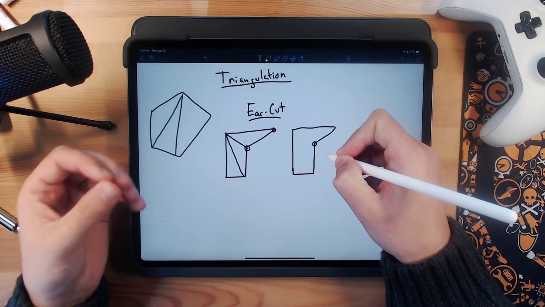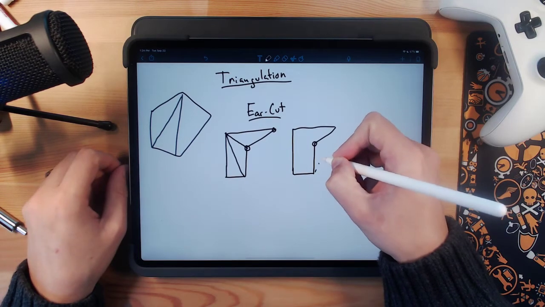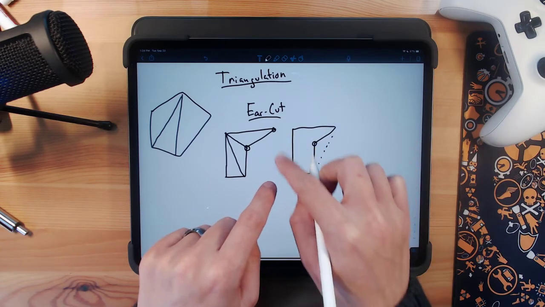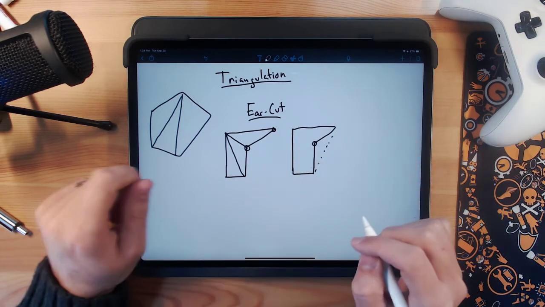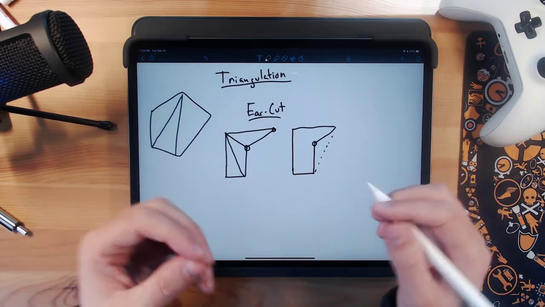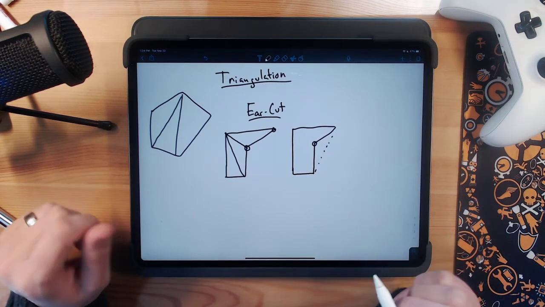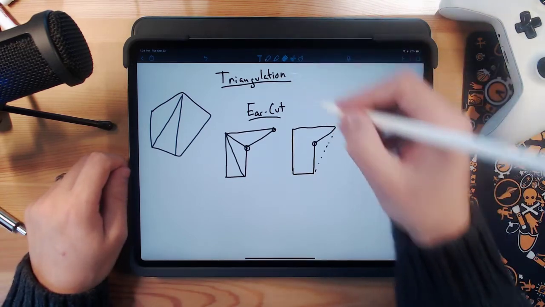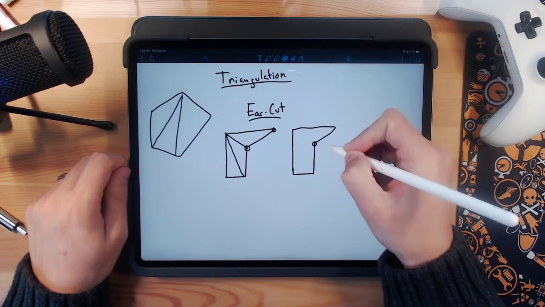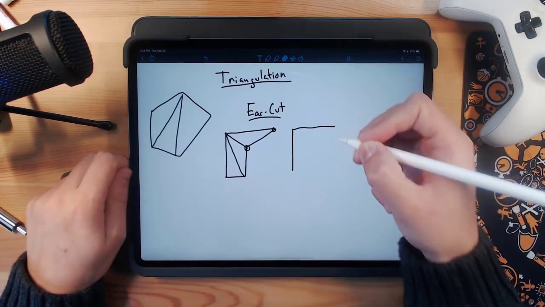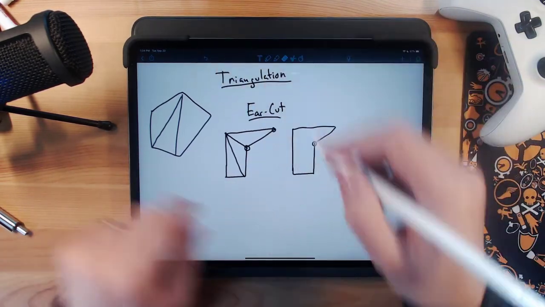The answer in this case is no, because cutting off this one here would actually result in a triangle that is not representing space within the edge like this. A check like this can be done relatively quickly just based on the angles between the adjacent vertices. So in this case, the ear cut algorithm would rule out that it can't cut based on that vertex, and it would move on to the next vertex.